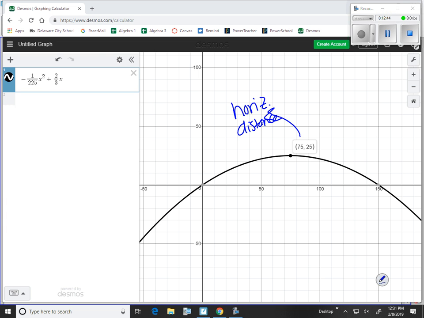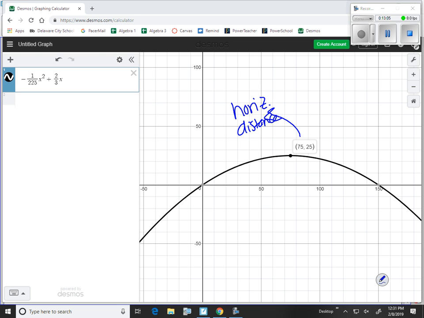If I was to kick a ball, how far I kick it is 75 feet. From where it hits my foot to where it lands on the ground is 75. I'm sorry, that's not true. At 75 feet is where it's the highest.